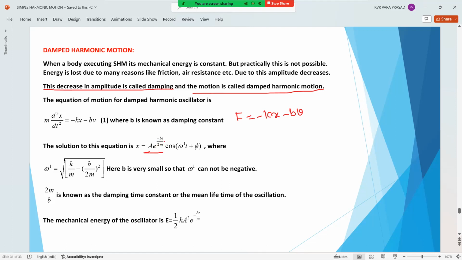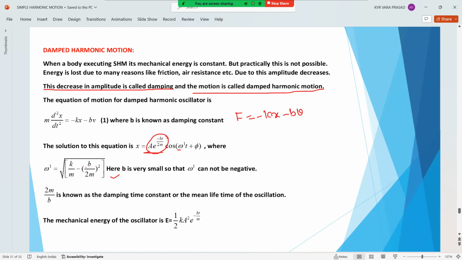This total is called the amplitude, and that amplitude is a changing exponential, a decreasing exponential. And in the place of omega, it is omega dash, which is given by omega dash equal to square root of k by m minus square of b by 2m.